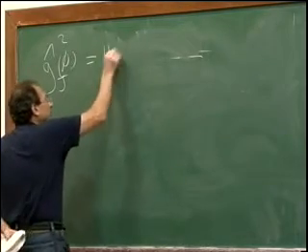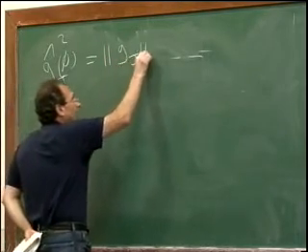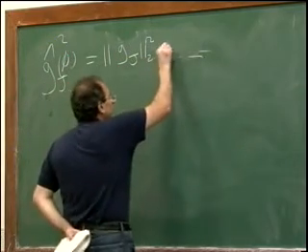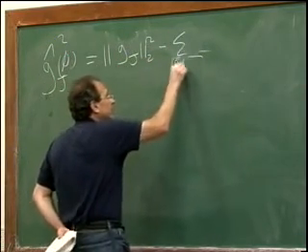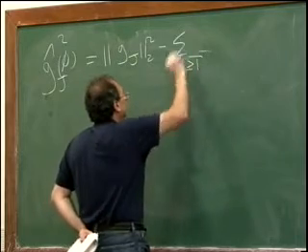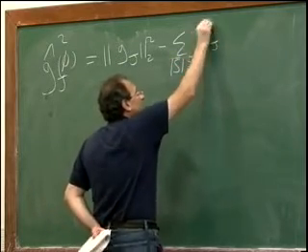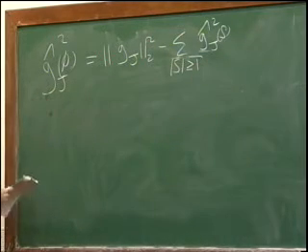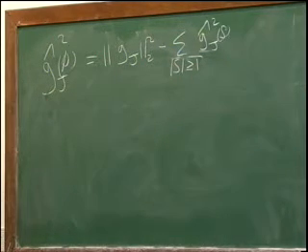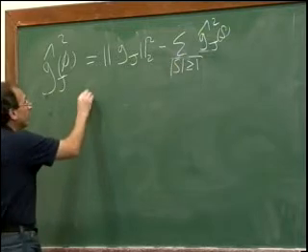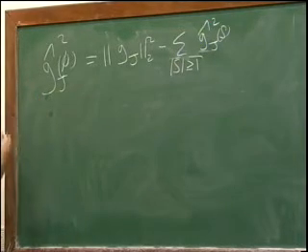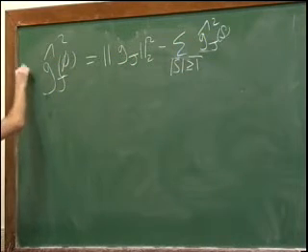I can express that, as I can for any function, as the L2 norm of Gj, and then I subtract all the other Fourier coefficients. And now at this point, I can take the expected value on both sides of this.